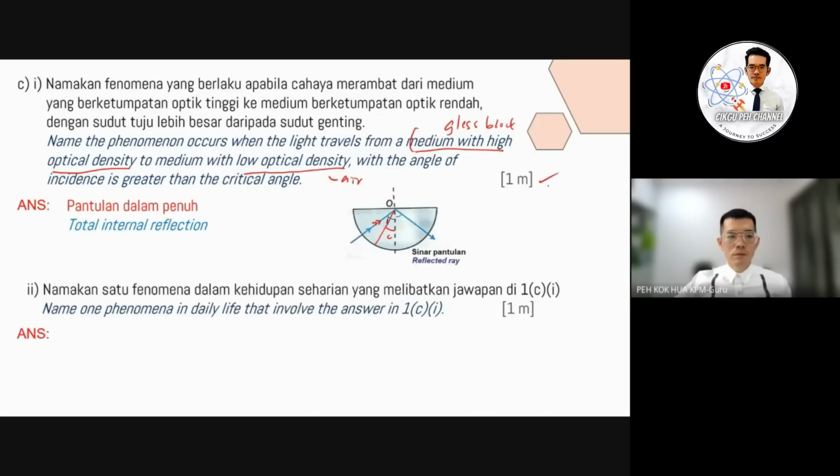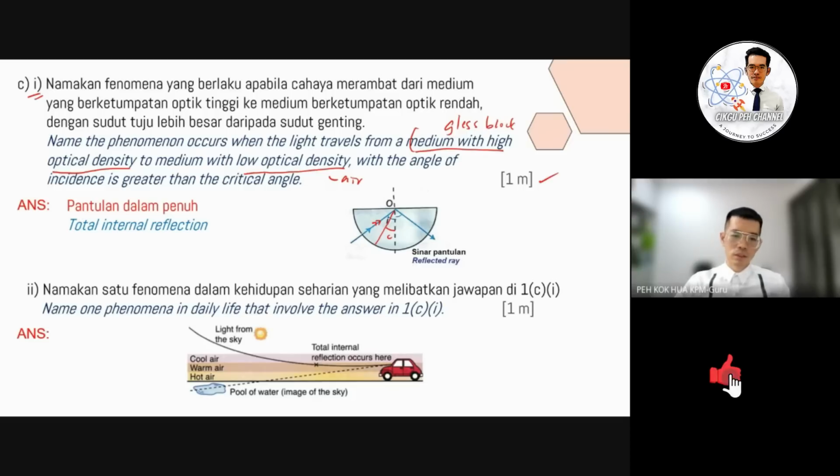So the next will be: name one phenomenon in daily life that involves the answer in one. So you have to give an example of total internal reflection in our daily life. This is something you also already learned in your Form 4 section 6.2.